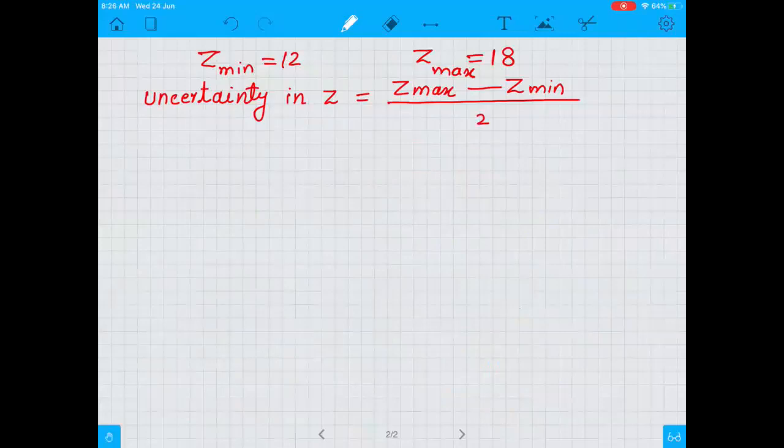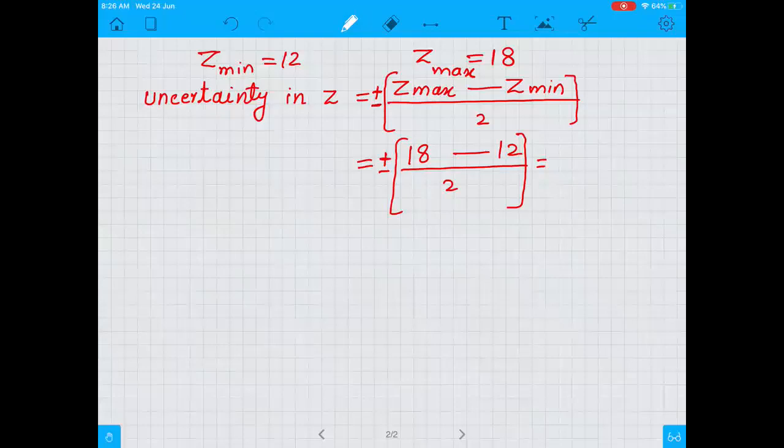So the uncertainty in z would be equal to 18 minus 12, whole over 2. And one thing, since it is random uncertainty, it will go with plus minus. It would become plus minus 6 over 2, and 6 over 2 will become 3. So plus minus 3. So this was calculation of uncertainty in z.